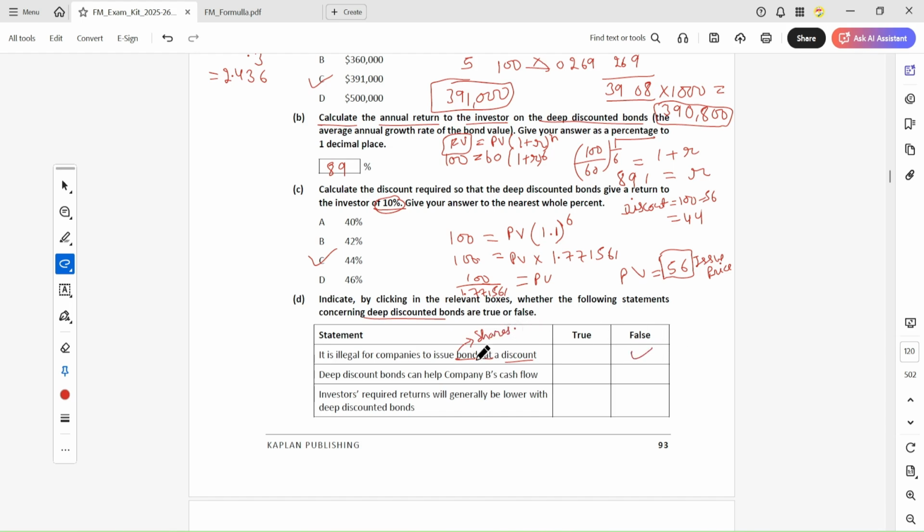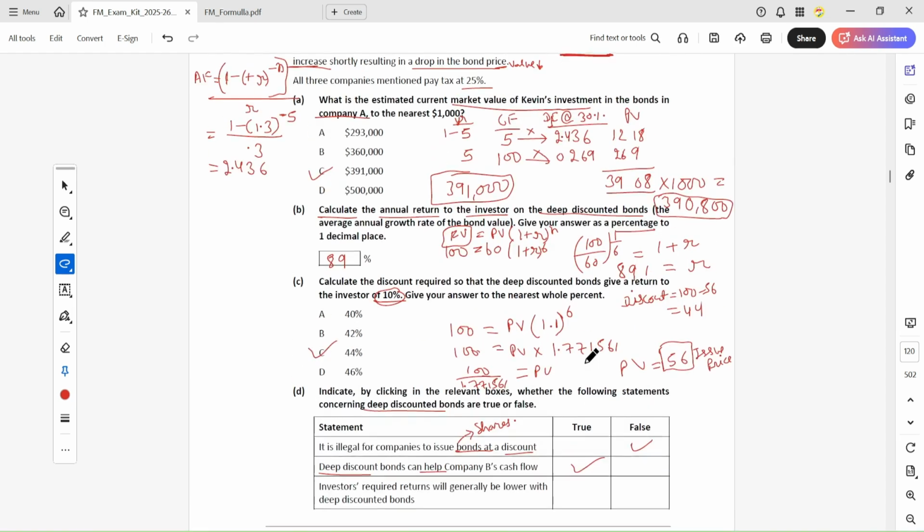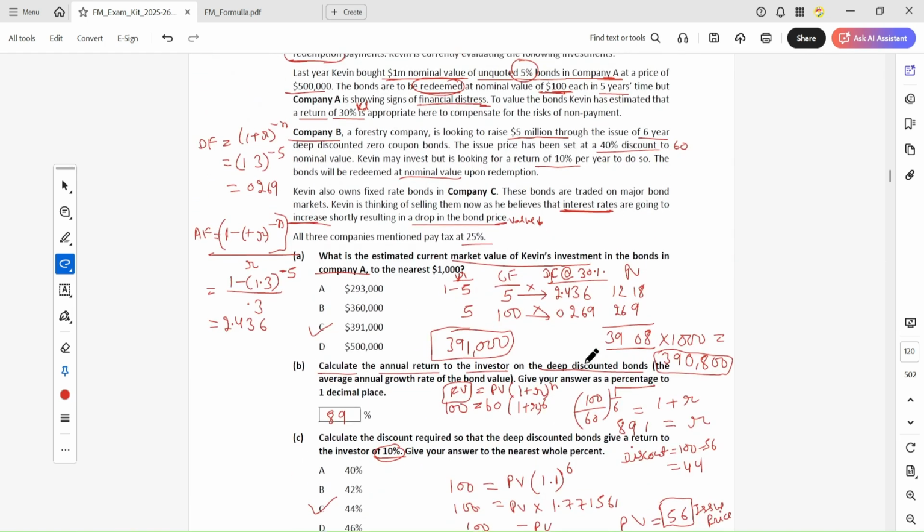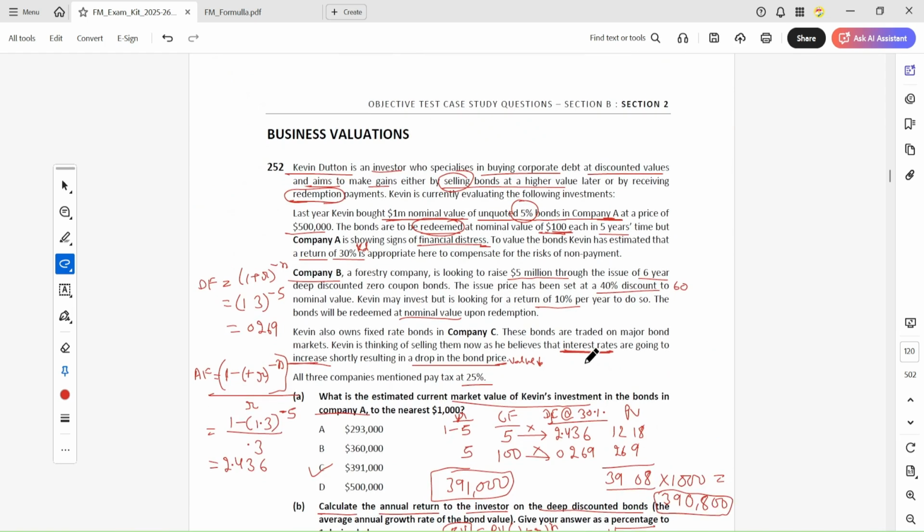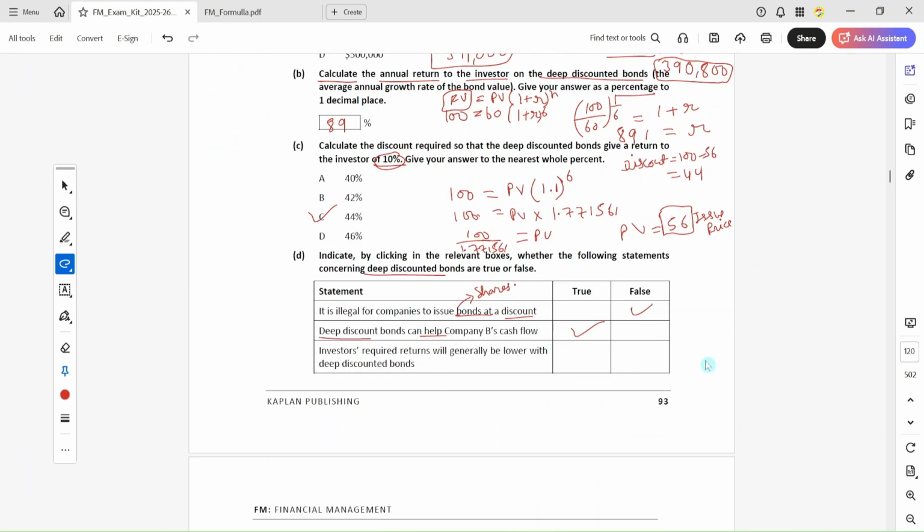This is false. Now, deep discount bonds can help the company manage cash flow. This is correct because deep discount bonds initially don't pay any interest. So how does a deep discount bond help the company manage cash flow?